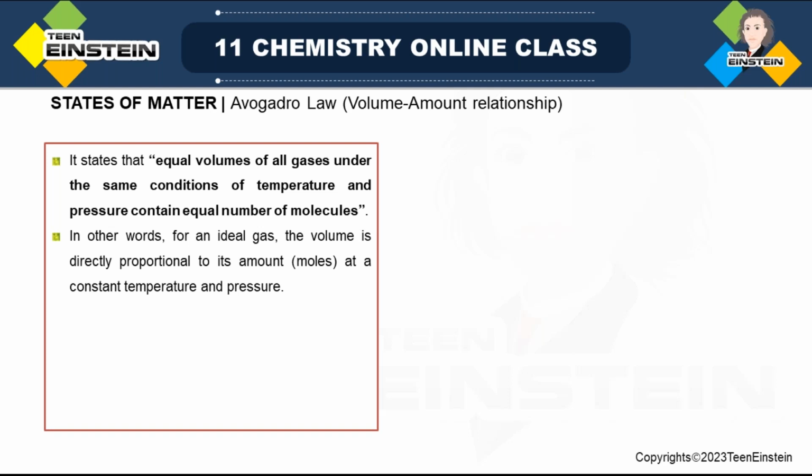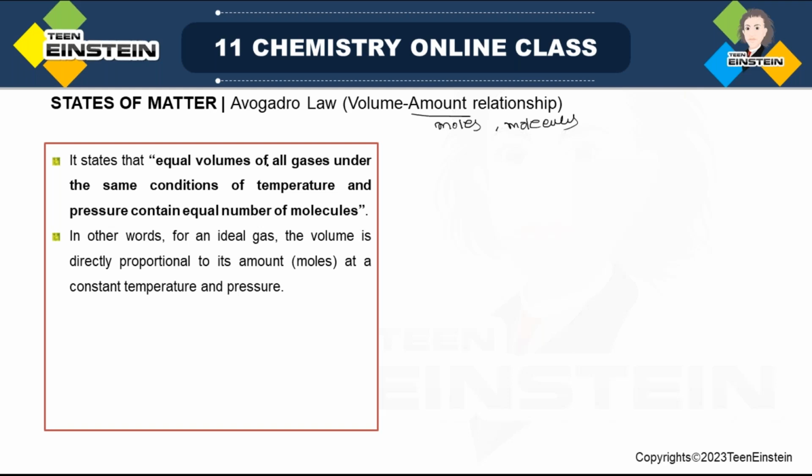The next law is the volume and amount relationship. When it is amount, that is mass, we basically consider moles. You can also say number of molecules, but moles also you can say. It states that equal volumes of all gases under the same conditions, suppose you have taken O2, N2, carbon dioxide, ozone, whatever gas you take, but all are having equal volume.